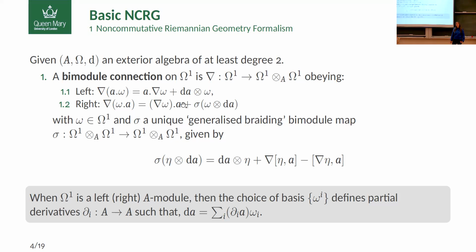Now, this sigma map is very important. Among the things that I have, it is one that is defined uniquely. If the bimodule connection exists, then this map is uniquely determined by this expression in here.